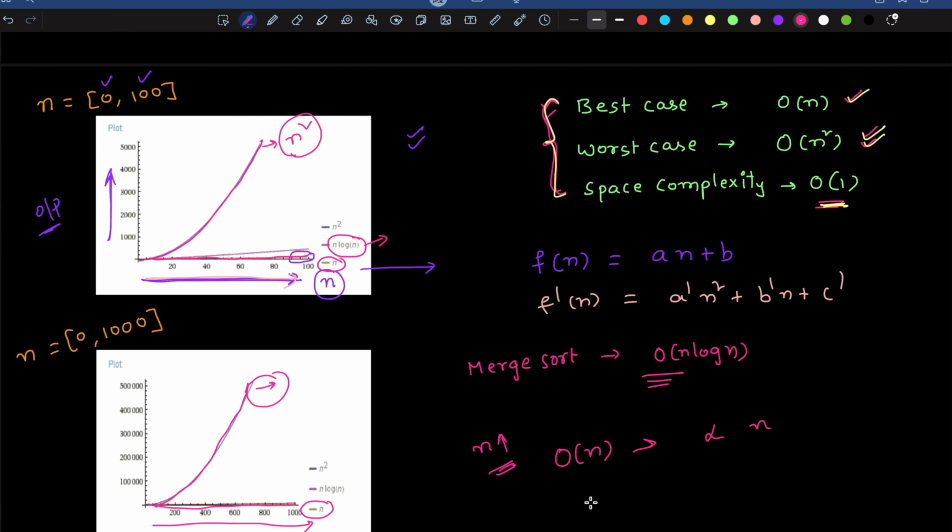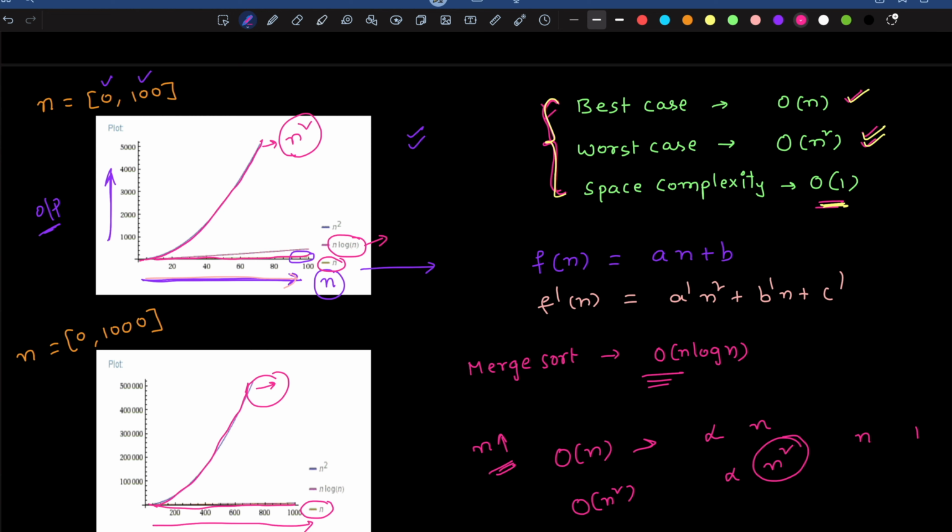So what does order of n square mean? Order of n square means that as my value of n increases, the running time increases proportional to n square. So even though the function may also contain the term n and the constant term, the n square term dominates the growth for large values of n here.